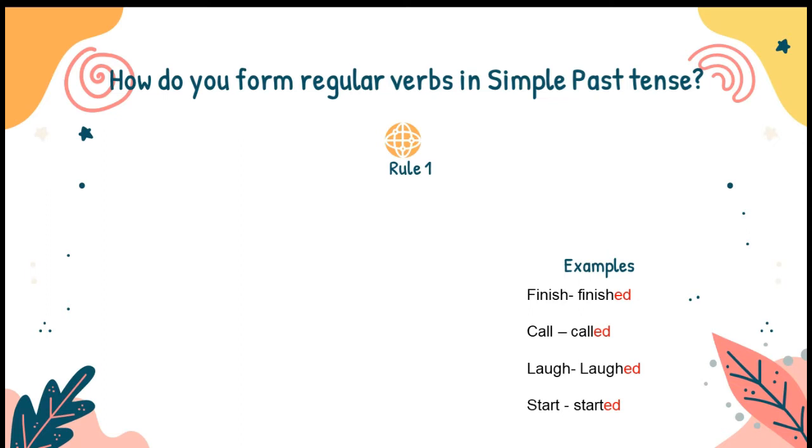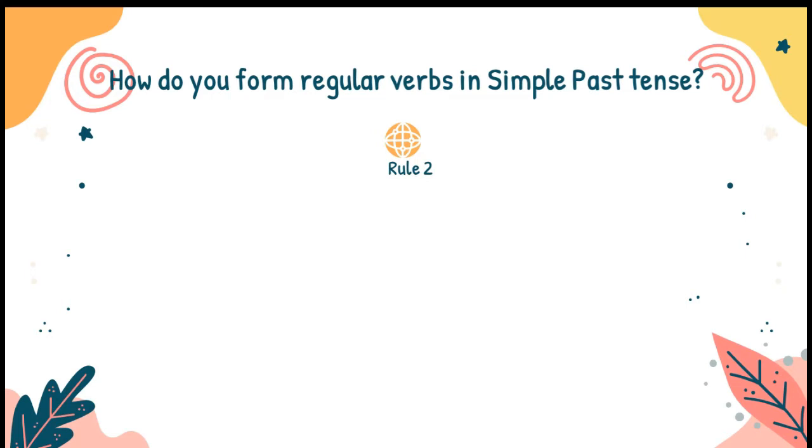Now, so what do you think the first rule is? Yes, the first rule is regular verbs are formed by adding ed to the verb. Just like the examples, I just put ed to the word finish, call, laugh, and start. So it becomes finished, called, laughed, and started.